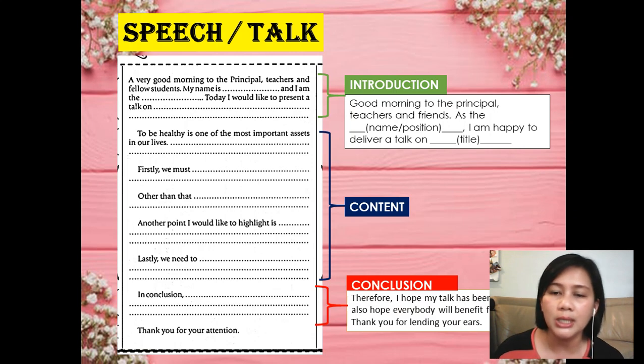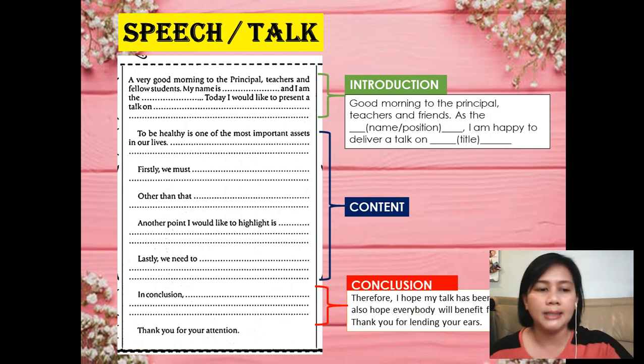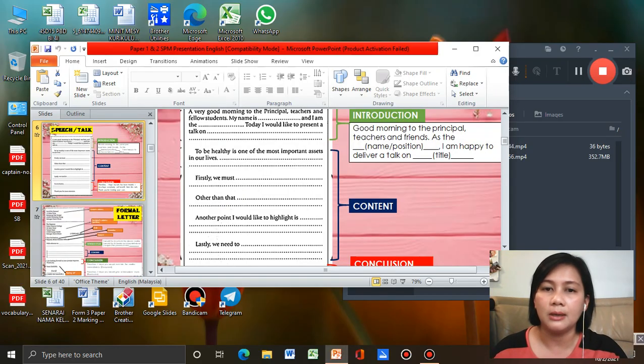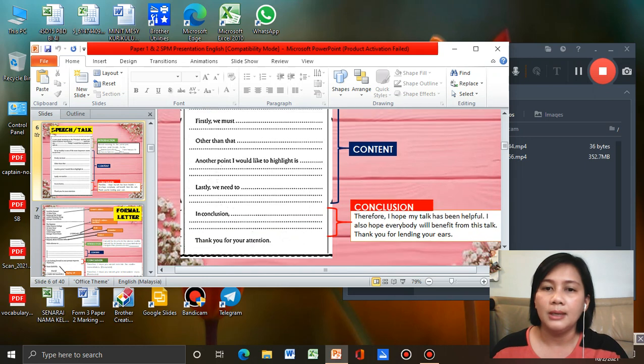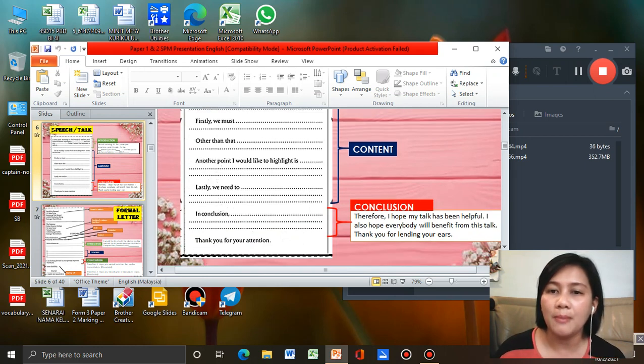The conclusion here, it means that you can write down, okay, you see here. Okay, therefore, I hope my talk has been helpful. I also hope everybody will benefit from this talk. Thank you for lending your ears.